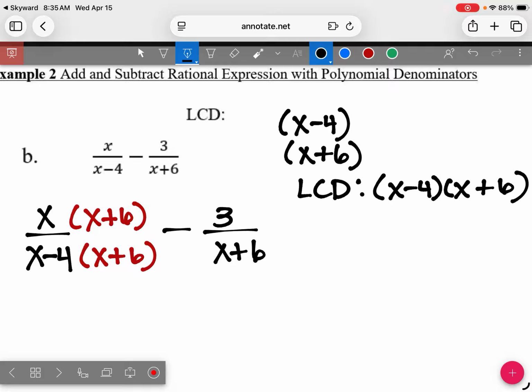So Maya, what am I missing on this fraction that I need in my LCD? Thank you, Maya and Kyron. So we have x minus 4.